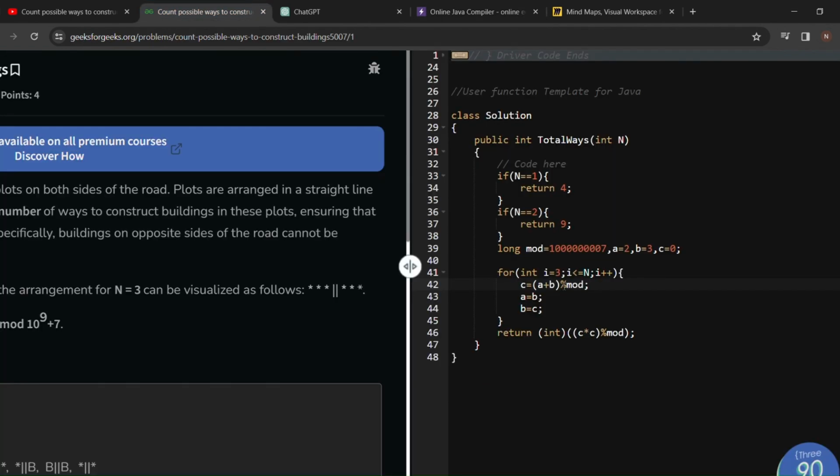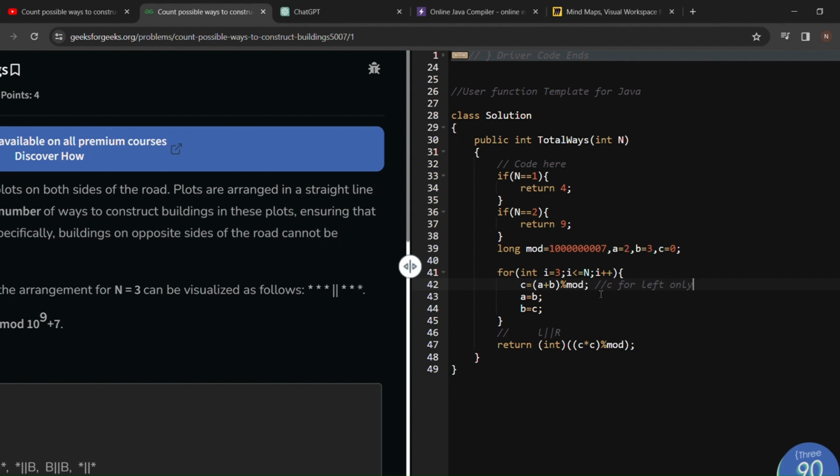And then in the last, as you know, there are two sides, one is left, one is right. Here we have found C for left only.